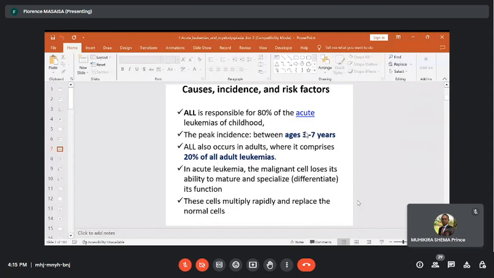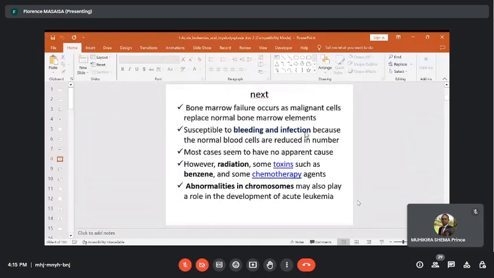So the bone marrow will be full of these immature cells, which are lymphoblasts. When the bone marrow is replaced by those immature cells, there will be decreased production of platelets, leading to bleeding. There will be decreased production of white cells, predisposing the patient to infection, because there will be decreased or absent neutrophils since there is no maturation.